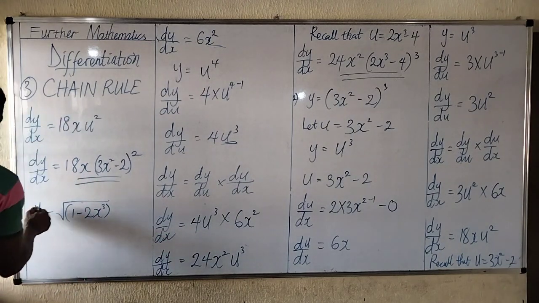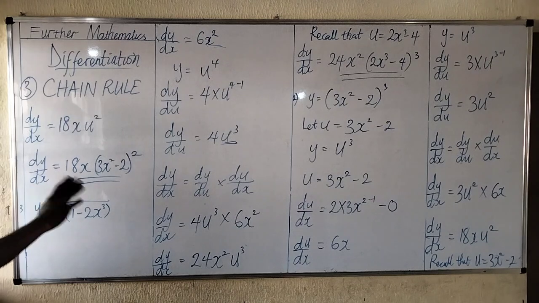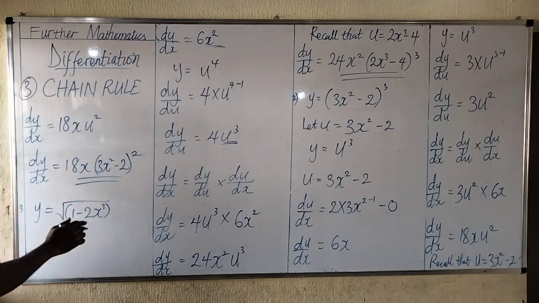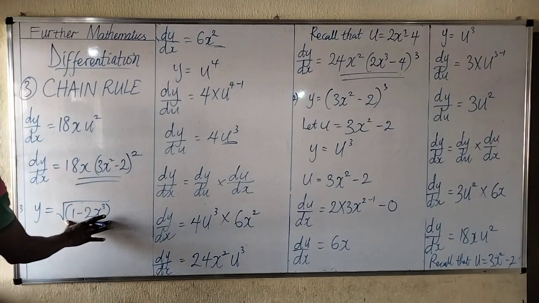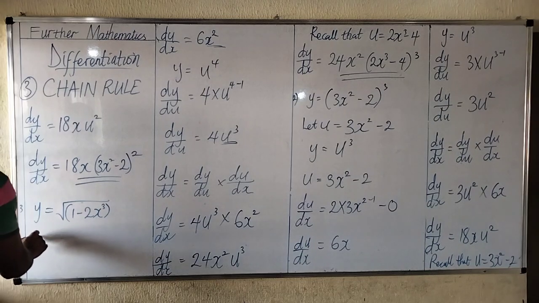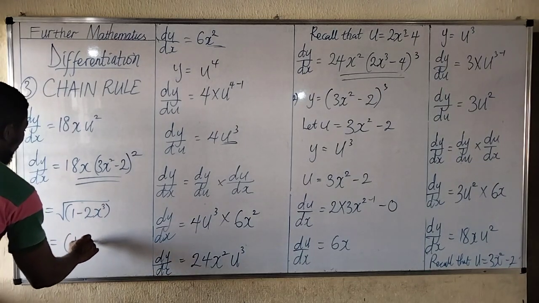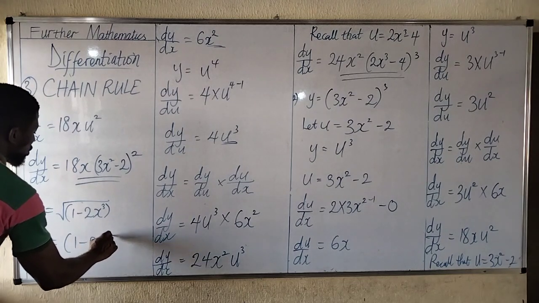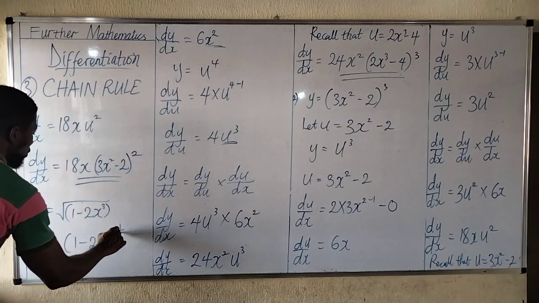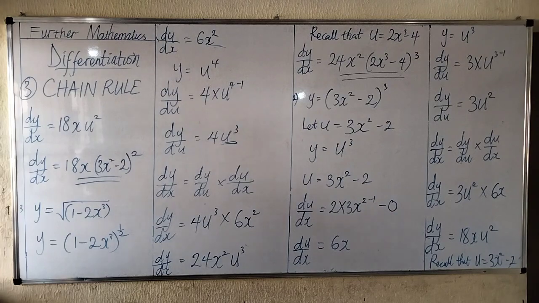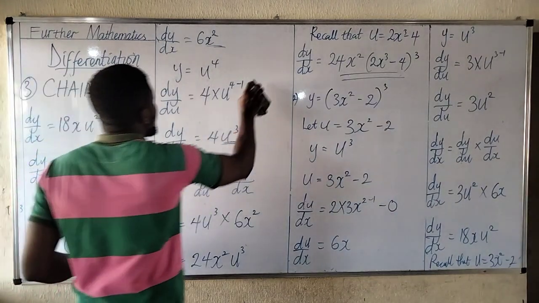To differentiate it using chain rule, what we are going to do first is to write this in index form. It will be y is equal to bracket open 1 minus 2x raised to power 3 bracket closes raised to power 1 over 2.